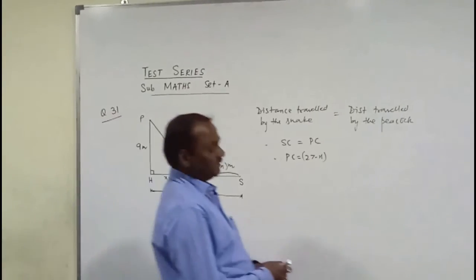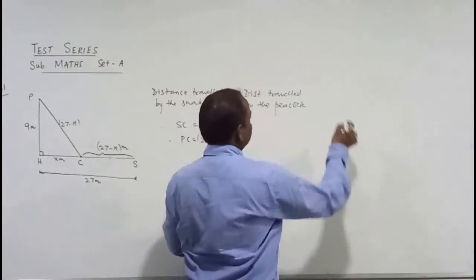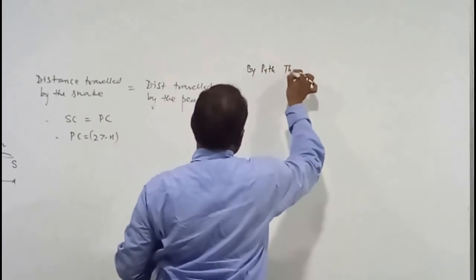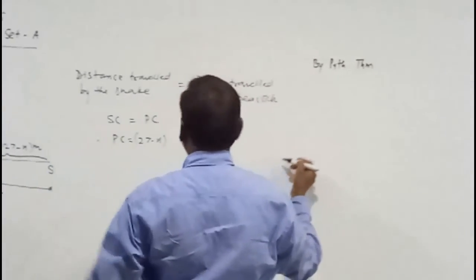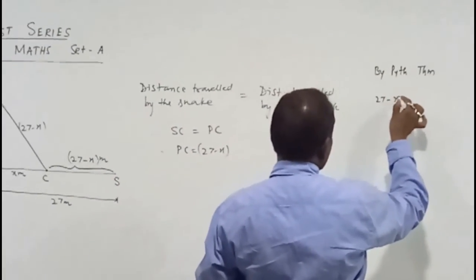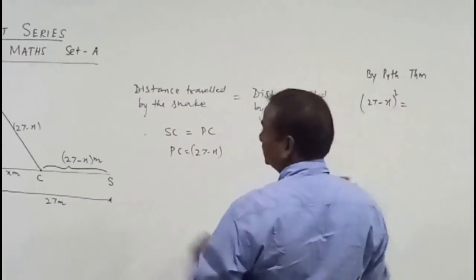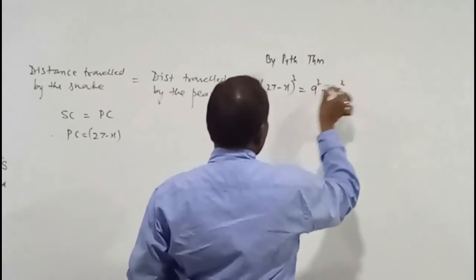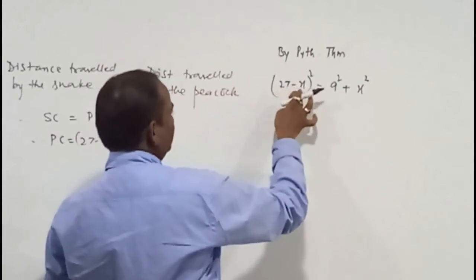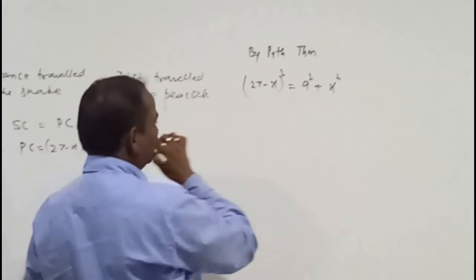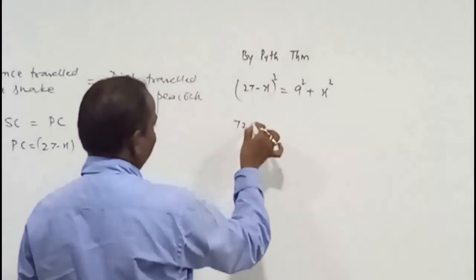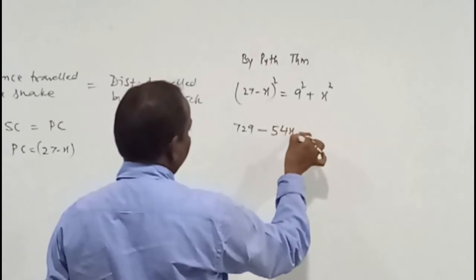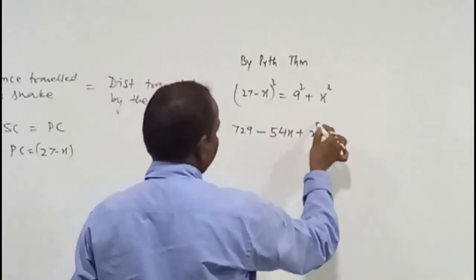तो नाउ आई कैन से दैट बाय पाइथागोरस थ्योरम, I can say that (27 minus x) whole square is equal to 9 square plus x square. इसे कैलकुलेट करेंगे ये (a minus b) whole square के फॉर्म में. a square माने 27 square जो आता है 729 minus 2ab तो 54x आएगा plus b square is x square.